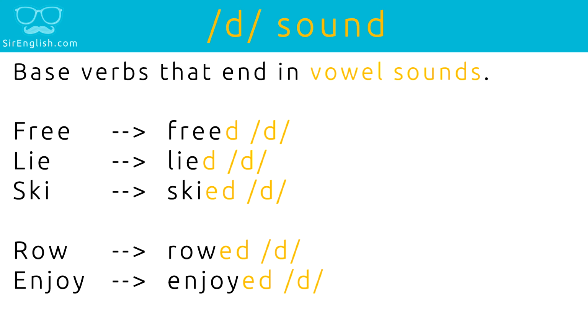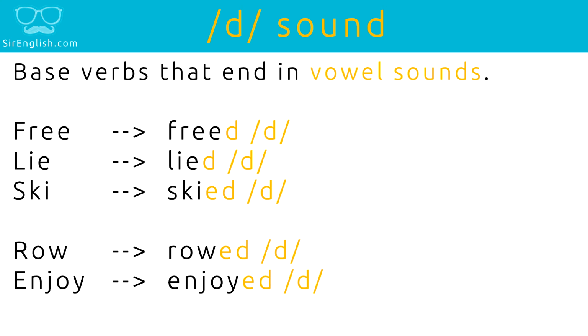Okay? When a base verb ends in a vowel, add the D ending. So for example, free becomes freed. Lie becomes lied. Ski becomes skied. Row becomes rowed. Enjoy becomes enjoyed.